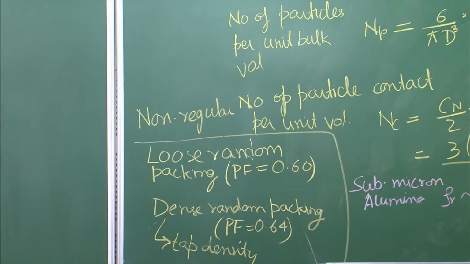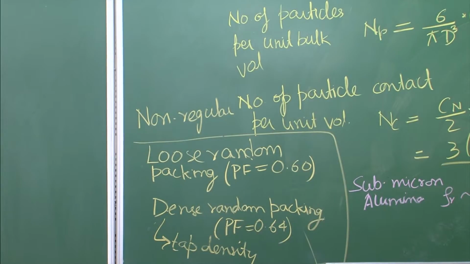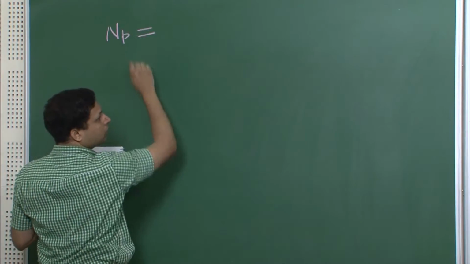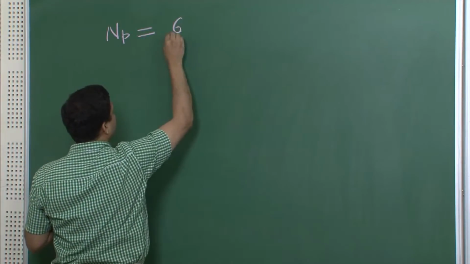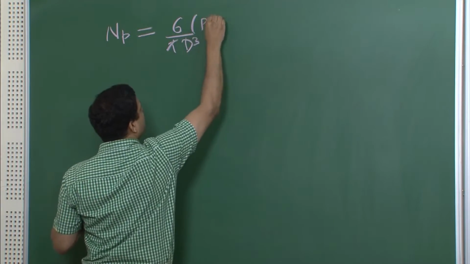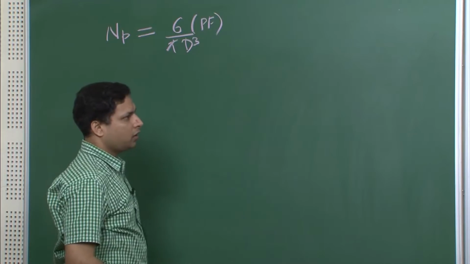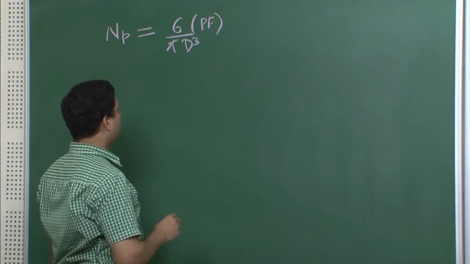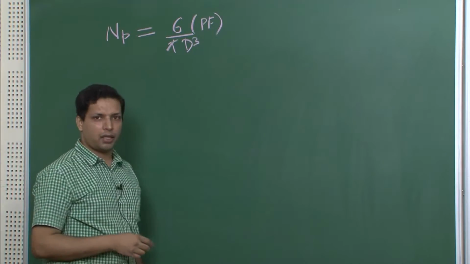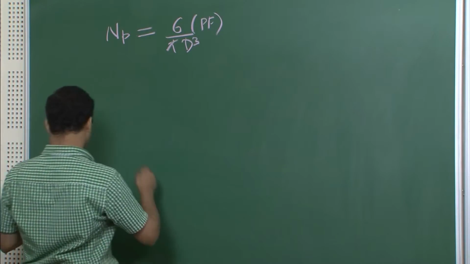Now, having said that, let us again look at the Nc value, that is the number of particle contacts per unit volume that we obtained. We saw that Np is equal to 6 by pi d cube times Pf. Here, everything we know can be obtained even for a non-regular packing, so this equation will be retained even when we are talking about non-regular structure.